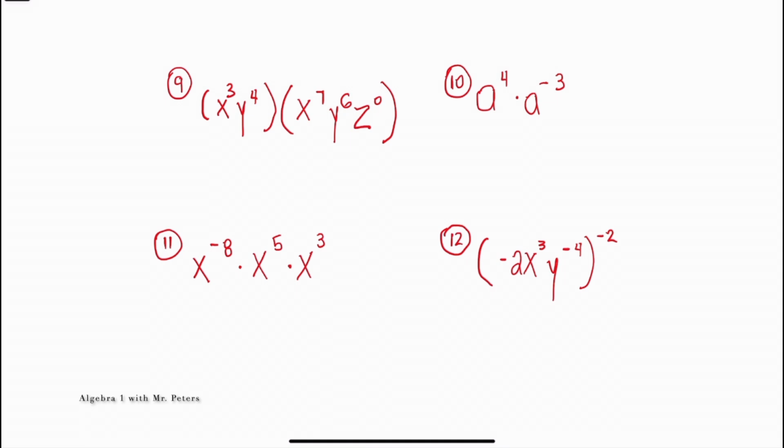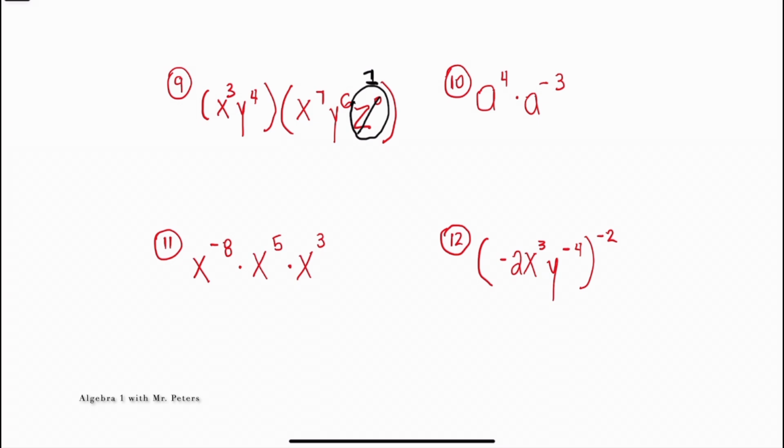One thing we have to be mindful of is this z to the 0 power. First off, we know that when we simplify this, this is just going to be 1. And when we look in the first expression, or the first parentheses, we notice that there is no other z. So that z to the 0 power, there's nothing to combine it with.